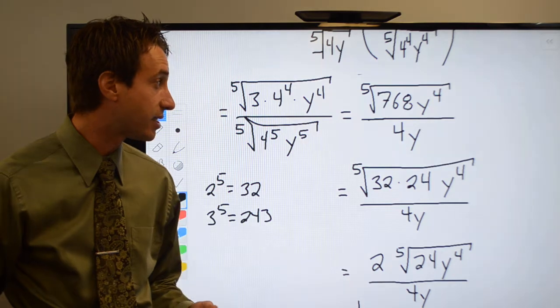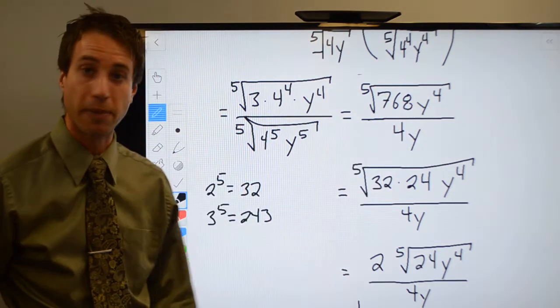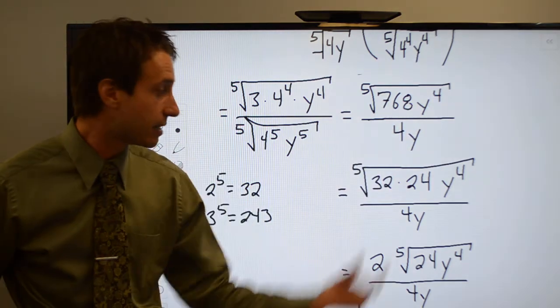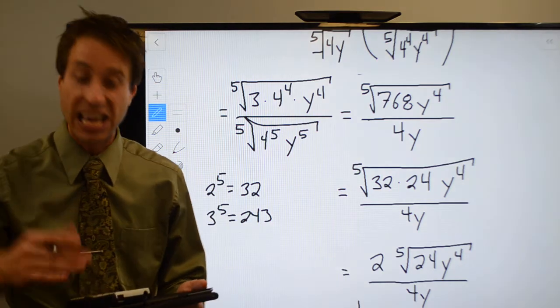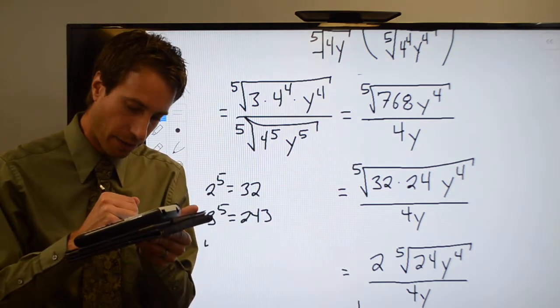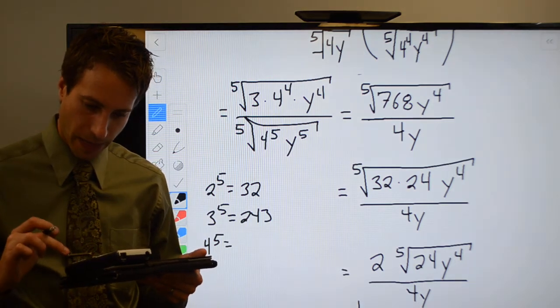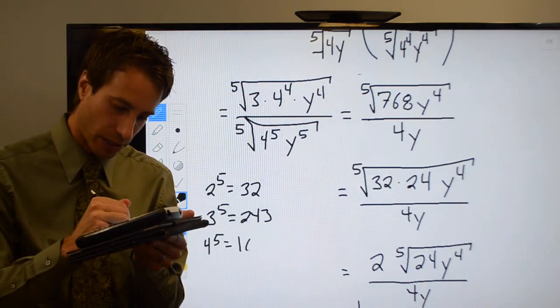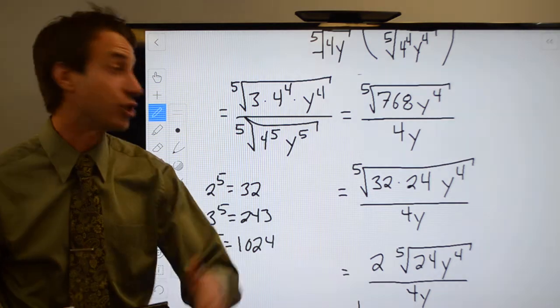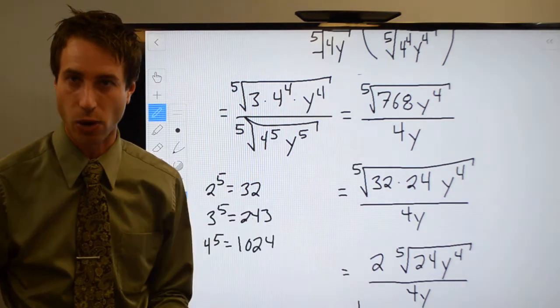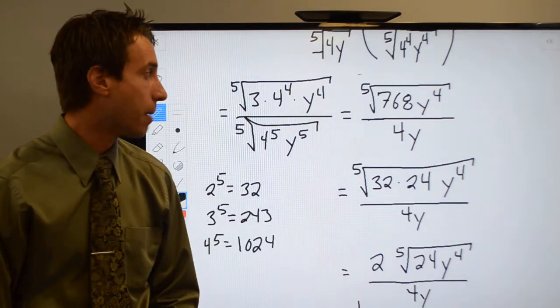So I would check to see, is 768 divisible by 243? If it is, then you would go ahead and split it up. If it isn't, check 4 to the fifth. 4 to the fifth, nope, 1024, which is bigger than 768, so obviously it wouldn't be divisible by 1024.